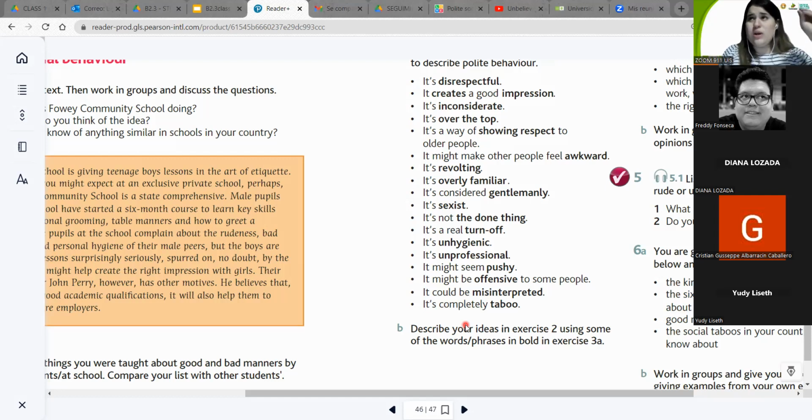So when something is not the done thing, it's not the way people expect you to behave, or the correct or suitable thing to do, the way that people think you should behave. That is the meaning of it's not the done thing. It's a real turn off. What do you think? Turn off.